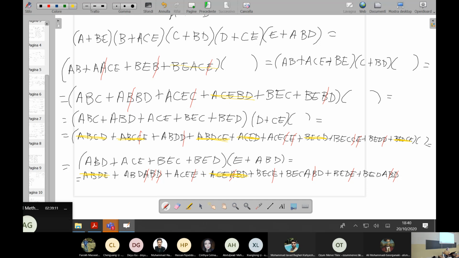BEC, which is inside BECAD. BED, which is inside BEDA. Okay? And so I think now I'm done, because this means that I have only ABD plus ACE plus BCE plus BDE. And that's all.